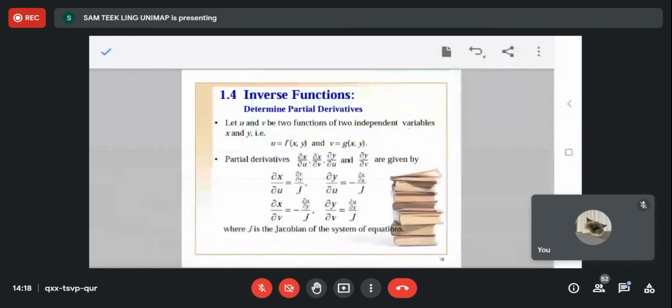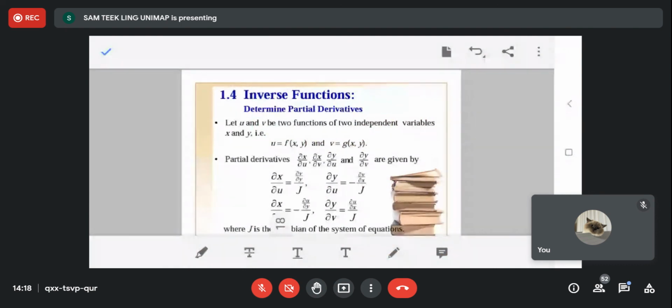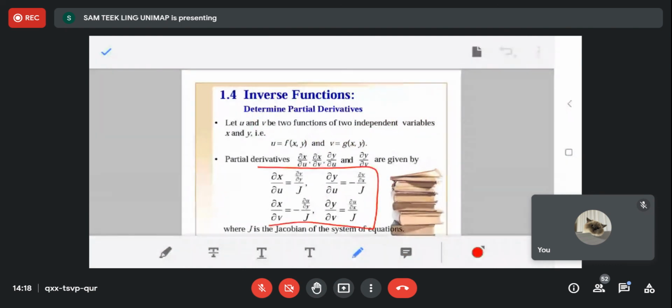So be careful. This is why we got the formula. This one is the inverse function formula. So the question, this one, you only can solve del u del x directly.